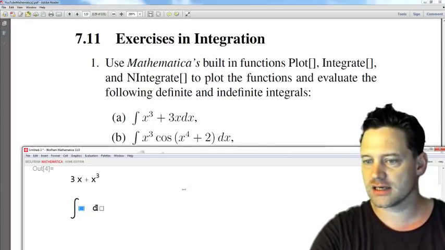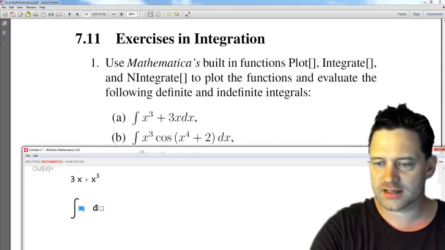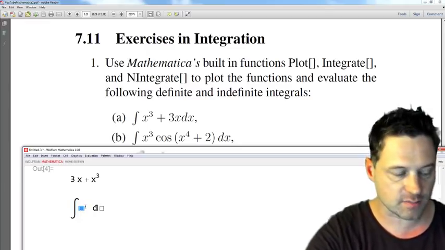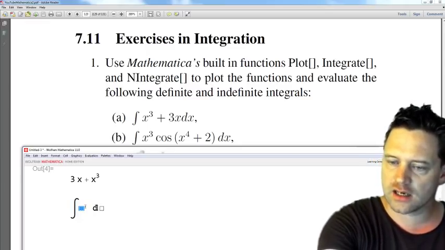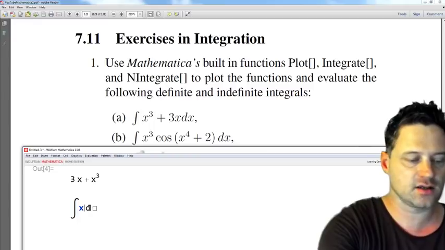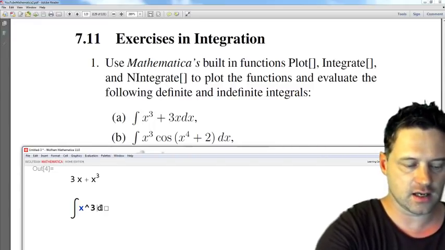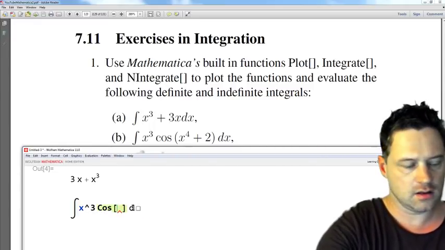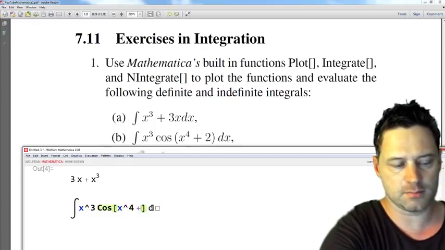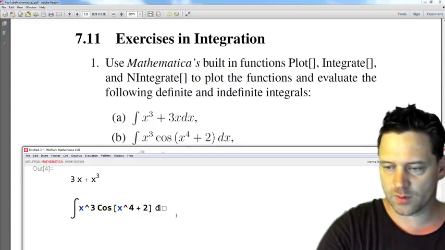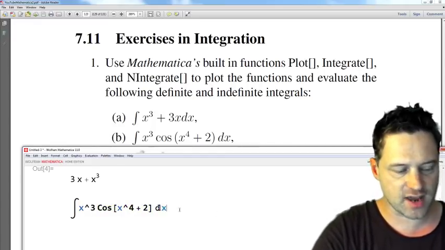I'll close this, and now this gives me an opportunity to enter something inside this box, and I'll put x cubed times cos of x to the 4th plus 2, and we want to integrate that with respect to x.